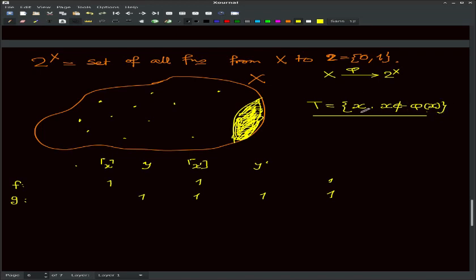Now phi x, for each x in X, phi x is a subset of X. So for each x, phi x is one of these lines, one of these rows.